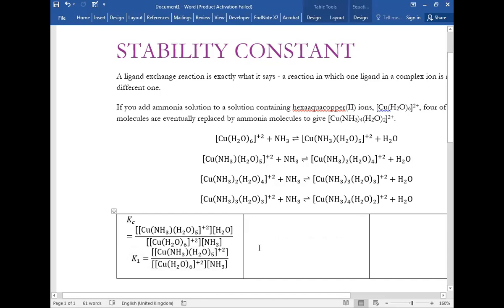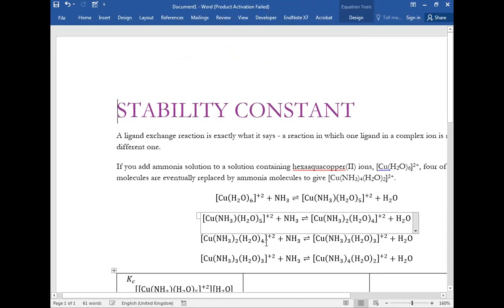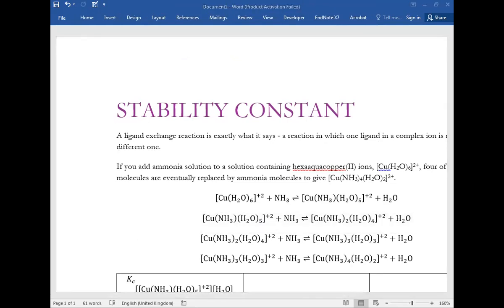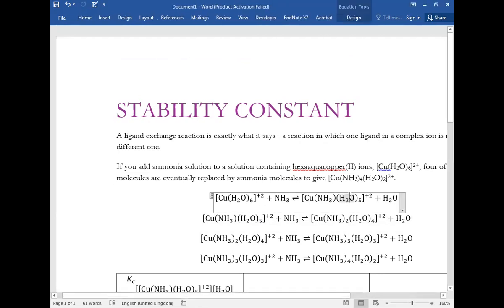If this is the first equilibrium constant, this is called the individual stability constant. What is it showing me? That the greater the value of K1, the more stable this particular ligand complex is. Can we agree on this or not?